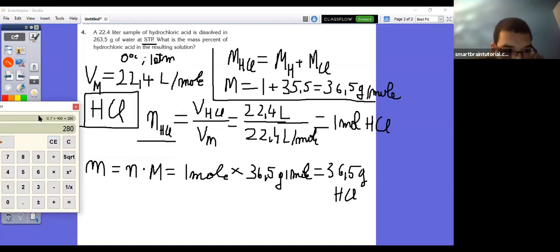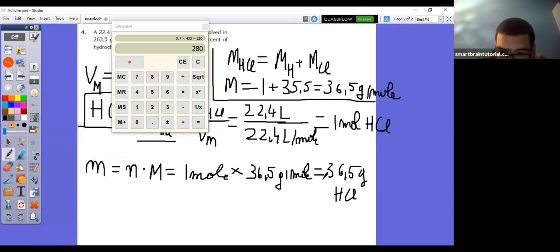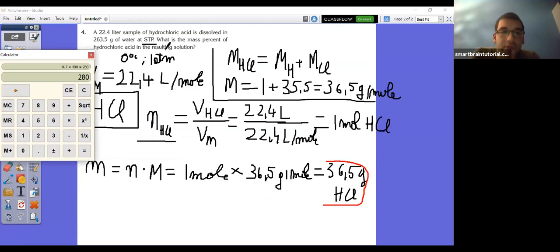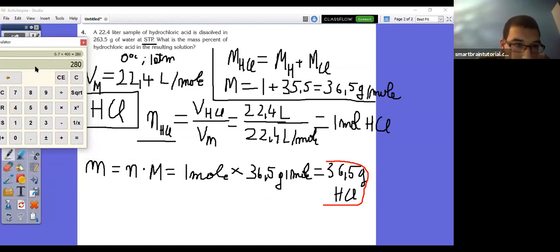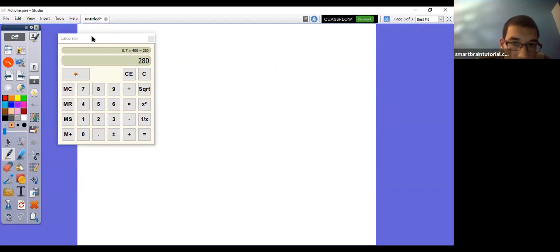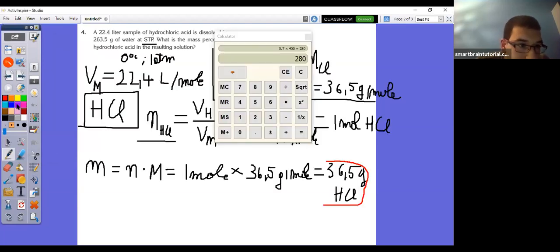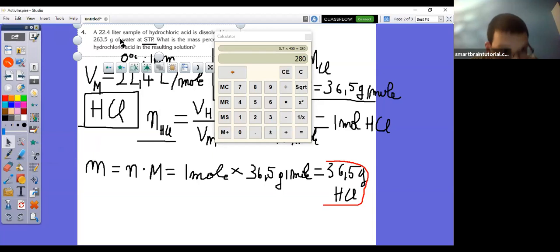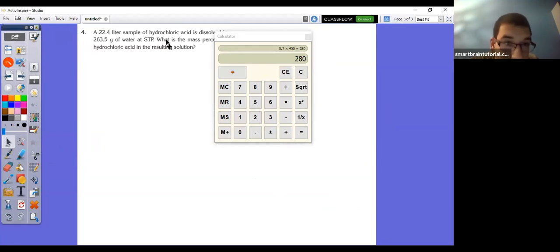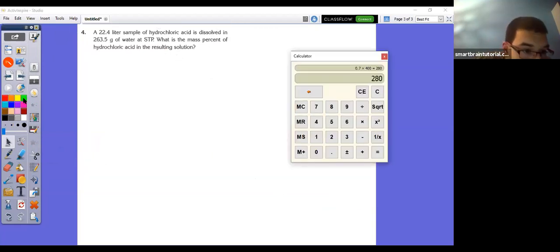Now, after we found the amount of solute, we can easily find the percentage concentration. I will go to another page. Let's write them again.